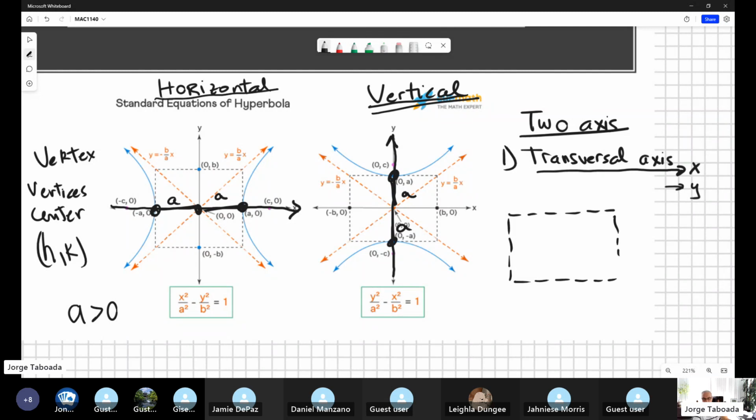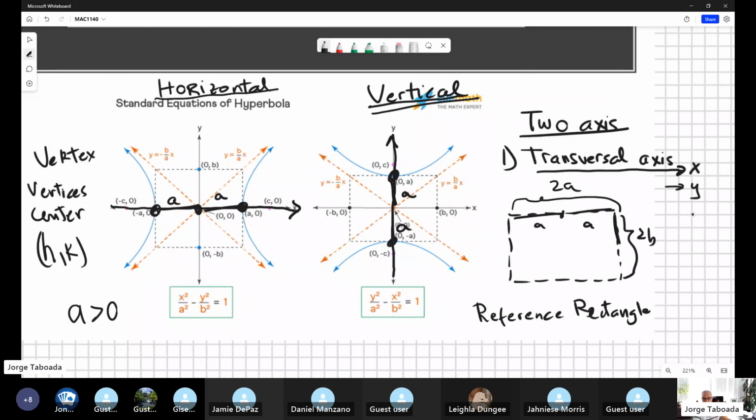So this construction is called the reference rectangle. This distance is A. We have A here, and this distance is B. So this distance is B, and this distance is B. And by the way, the connection here is the center.